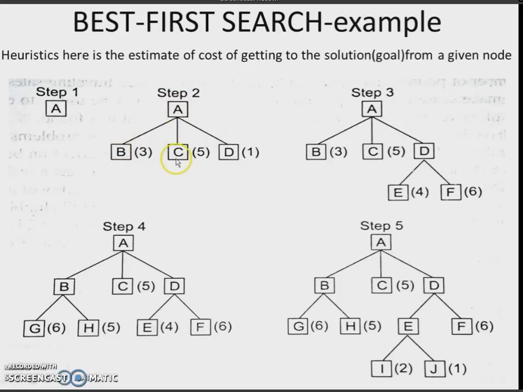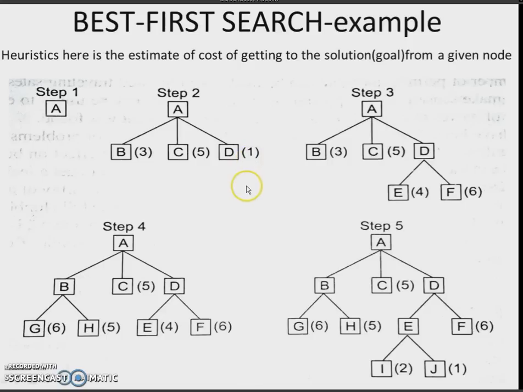C could be the next city from A, and D is another city which is neighboring to A. And these values over here, 3, 5 and 1, could be considered as the distance from A to B, A to C and A to D. If you consider the best first search technique, then you will select the node with the lowest possible value or the lowest heuristic. Here, D has the lowest distance value, so this can be selected.